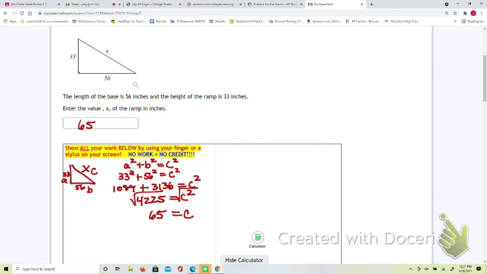Okay. Let's see where we're at. What's under 33? Right here? No, that's an A. Wait, what was the answer for 6?